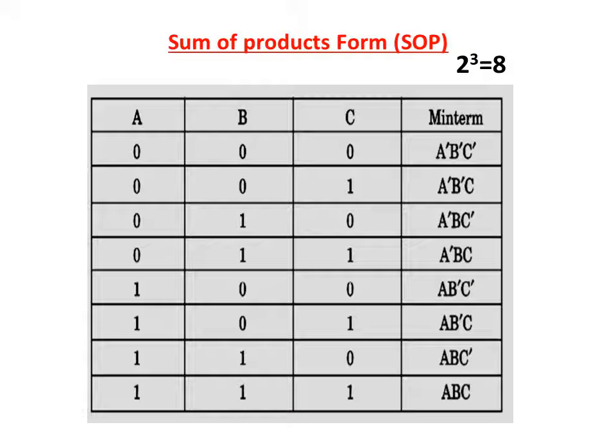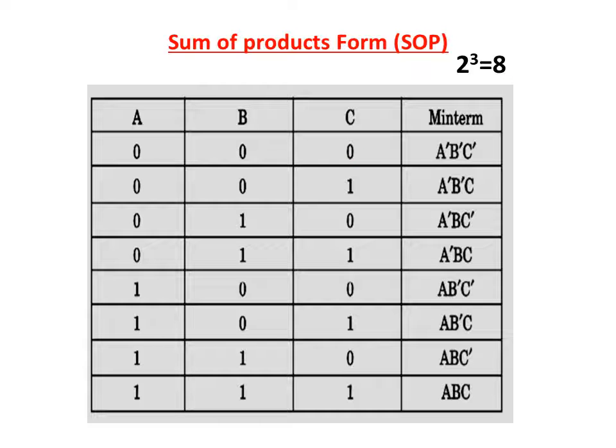This is the truth table representation for three variables. For three variables A, B, C, we can make 8 combinations, since 2 power 3 is equal to 8. So 8 combinations we can make, that is 0 to 7, total 8. So take 0, 0, 0.